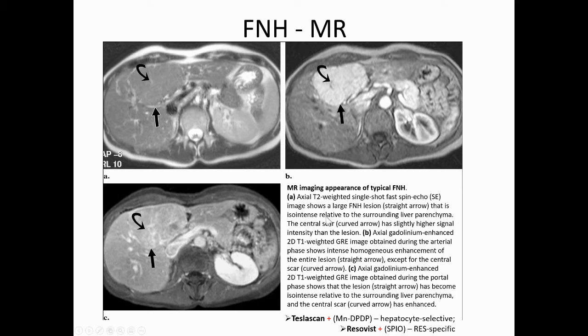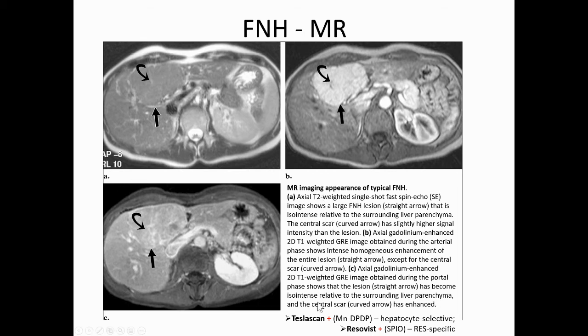Oh, and since all liver cells are contained in an FNH, then if you're not sure, based on gadolinium studies, then you can give the patient these more expensive but better contrast media, which are hepatocyte selective.